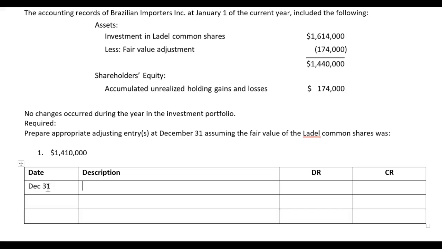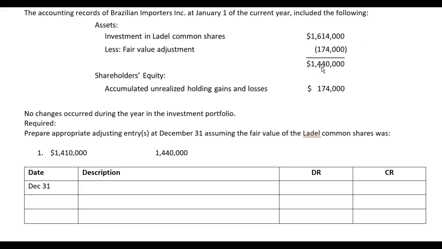Well, always take into account what you've already adjusted. So at this moment in time, we're carrying these shares at $1,440,000. We've already adjusted them by 174, so keep that in mind. If that weren't the case, we'd have to use 1.6 million there.